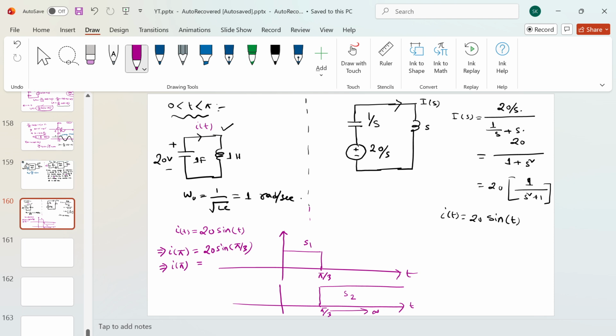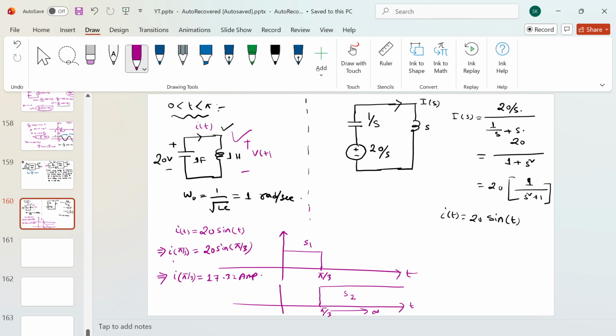You will get sine pi by 3 into 20, so I of pi by 3 is 17.32 ampere.